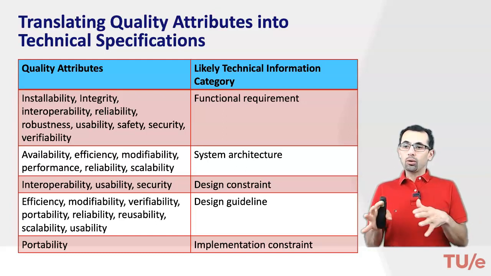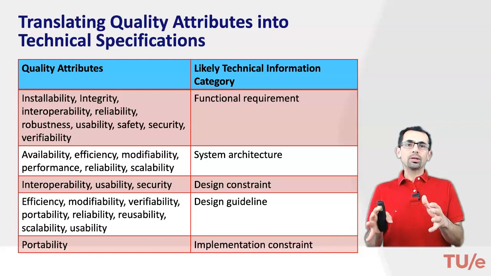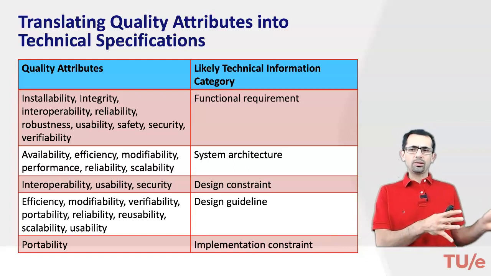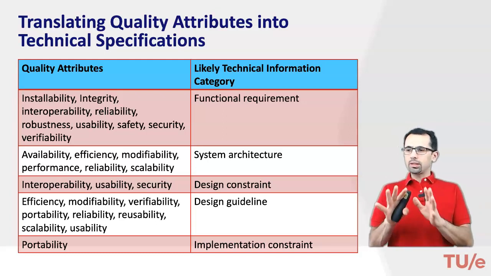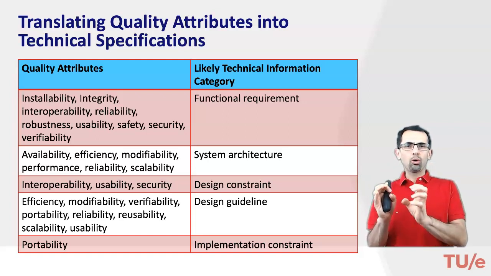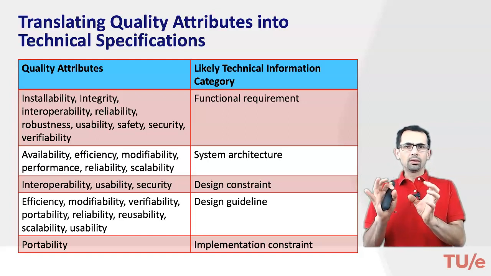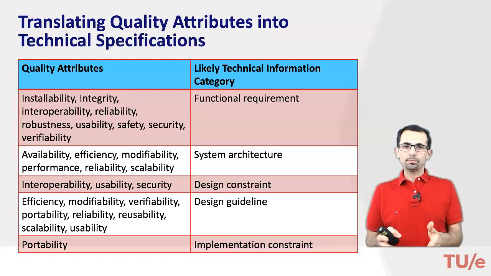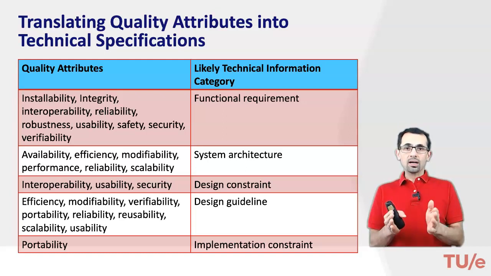Interoperability, usability, or security requirements relate very much to design constraints. You say, for instance, use a Mac OS feel interface. That is a design constraint, or a design guideline, very similar in this case.